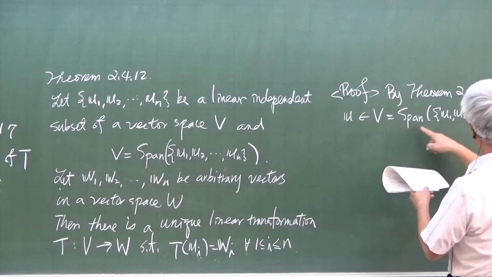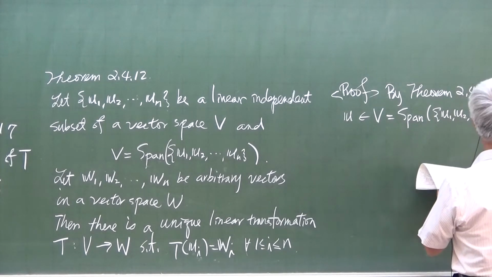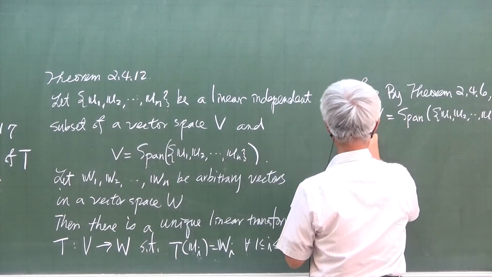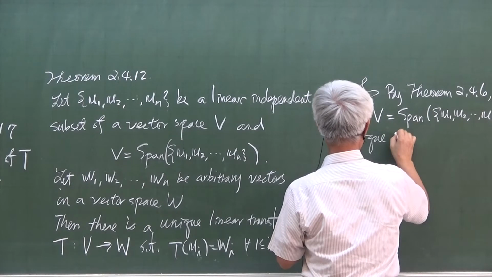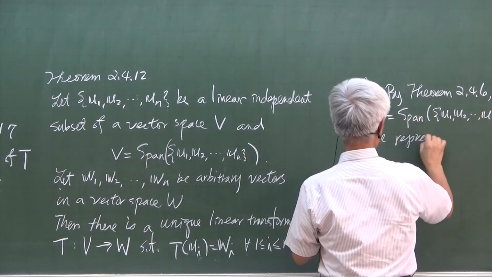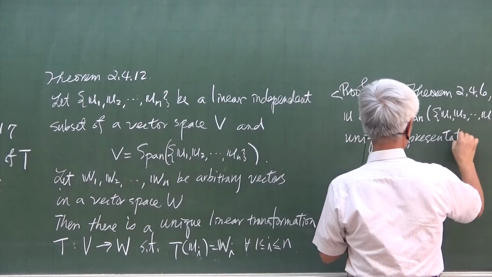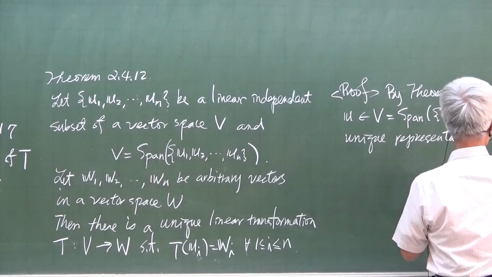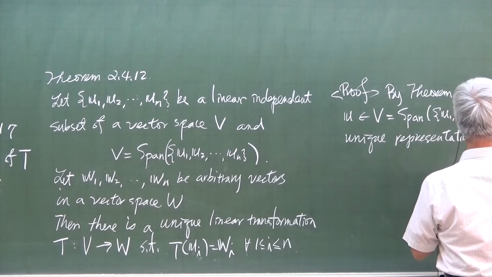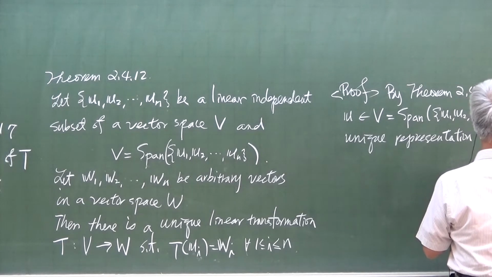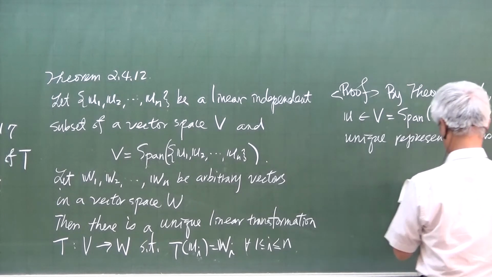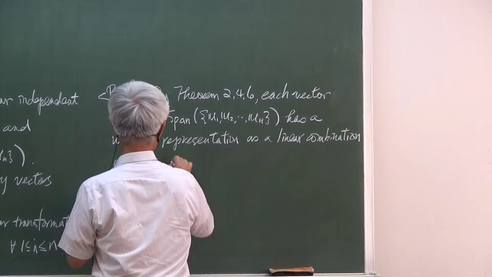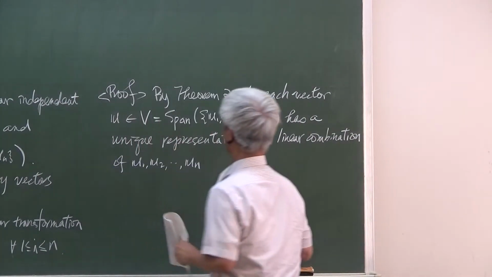So each vector has a unique representation as a linear combination of U1, U2 up to Un.